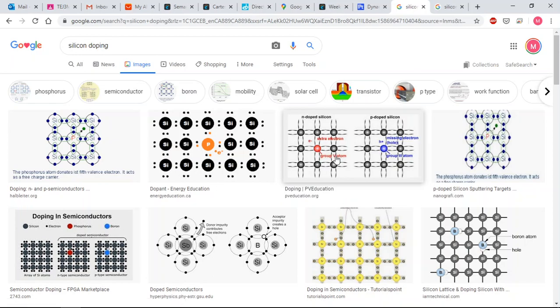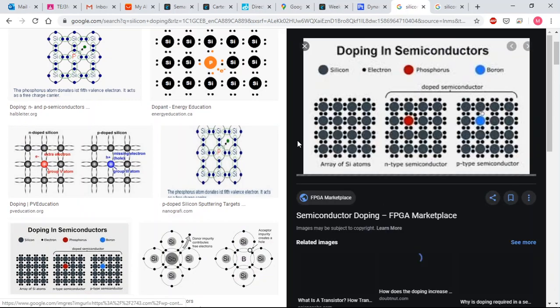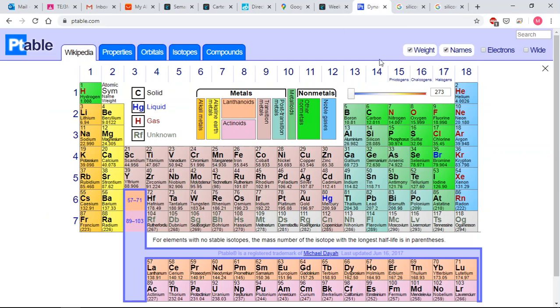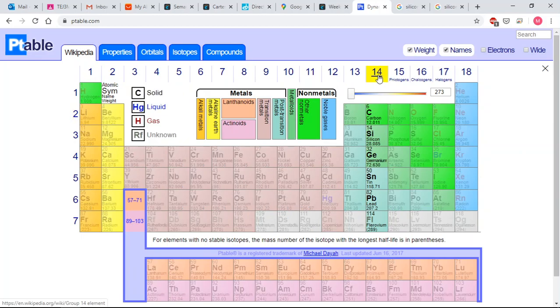If I take silicon, silicon naturally is a crystal. I like this drawing, much cleaner than me going on my pad to draw, so I'm just going to use this here. Silicon has 4 electrons on the outer shell. How do we know? Because of its column. This is always confusing for students.